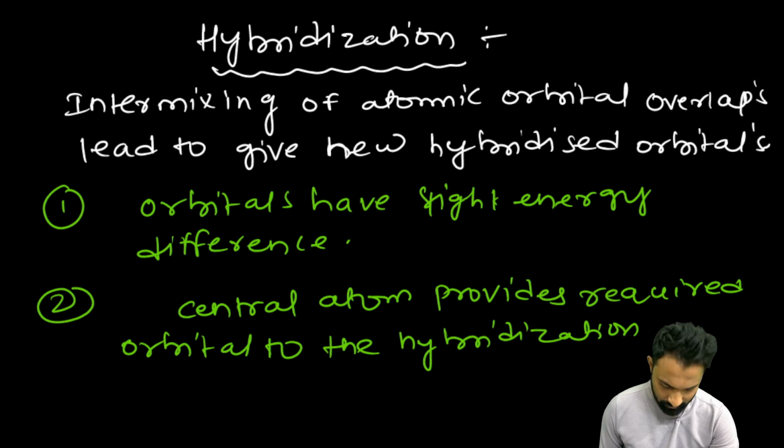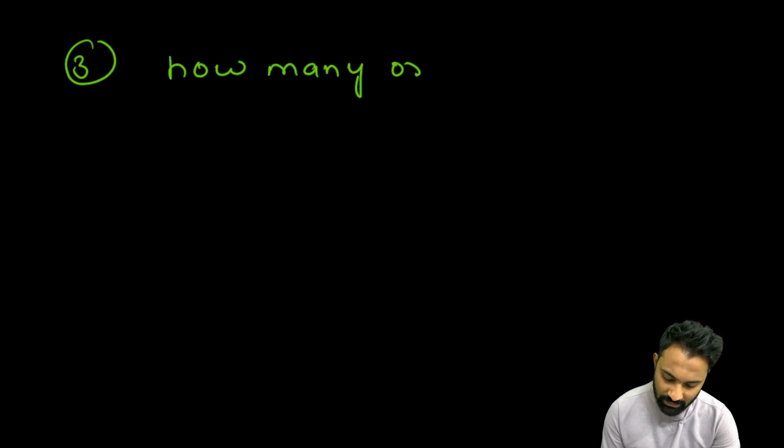Clear? Then the third point: the number of orbitals produced after hybridization is equal to the number of orbitals participating in the hybridization.